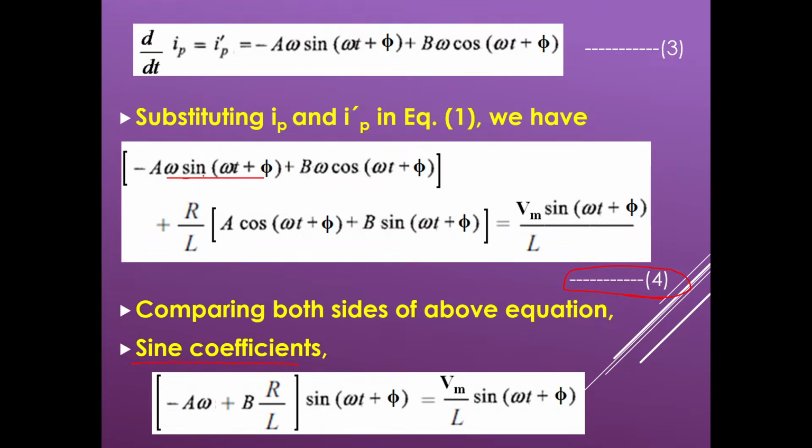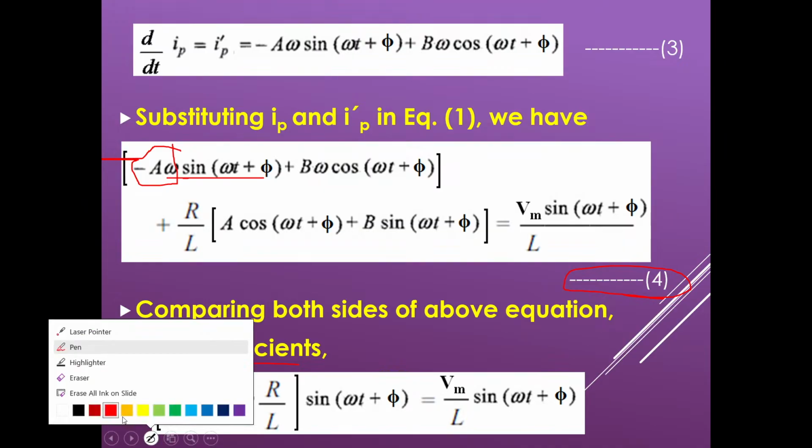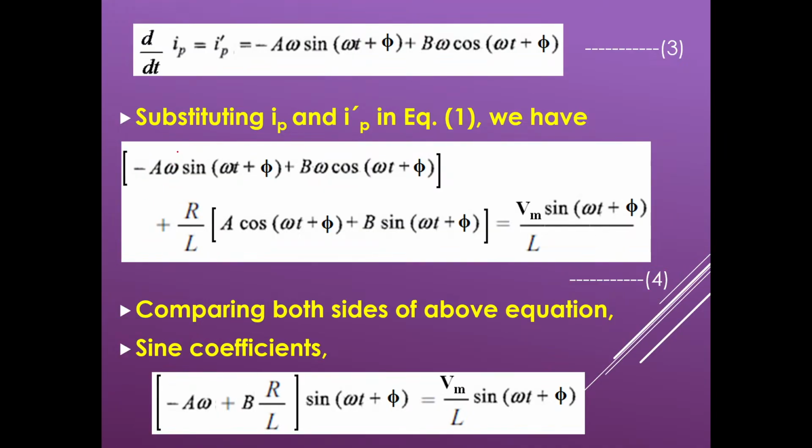This is sine, isn't it? Its coefficient is minus A ω. One coefficient of sine on the left side of the equal sign is minus A ω, and one more coefficient of sine is B into R by L. On the right side, the coefficient of sine is V_m by L.